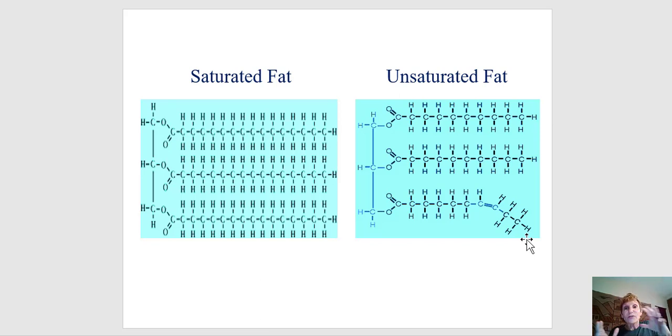And when molecules are further apart at room temperature, they tend to form liquids. And so butter, for example, is a saturated fat, and it forms a solid, packs tightly at room temperature, but vegetable oil is unsaturated. The molecules are spread apart more, and it forms a liquid at room temperature. So that's the difference between the two.